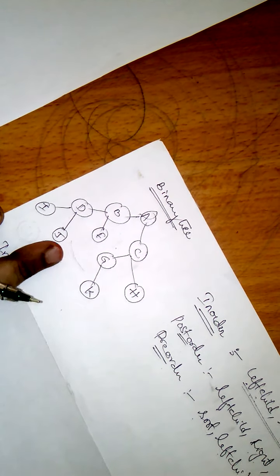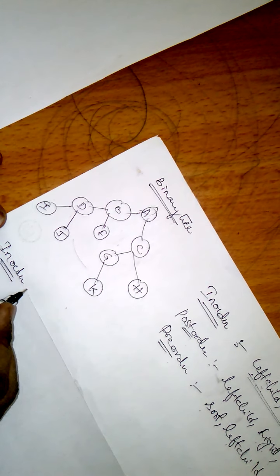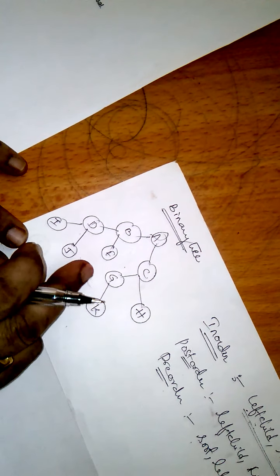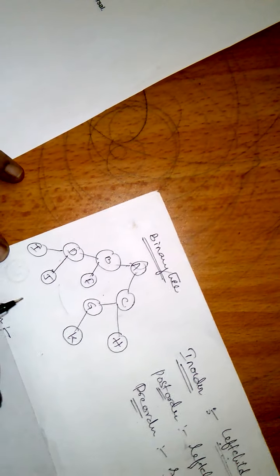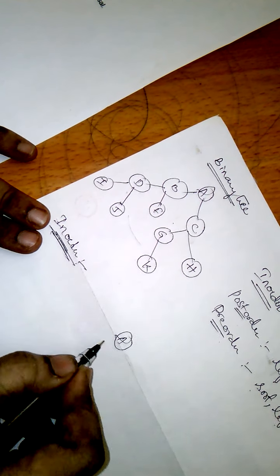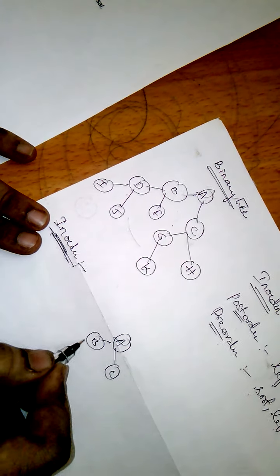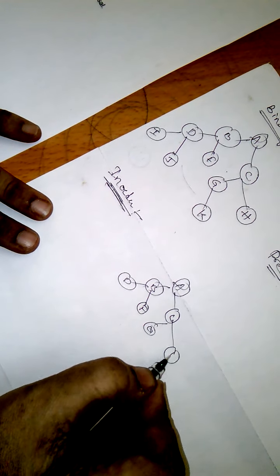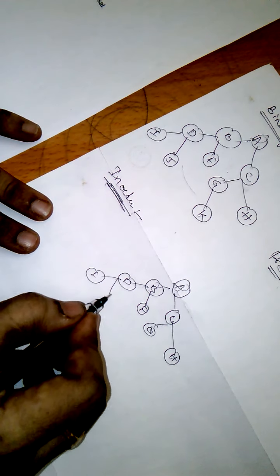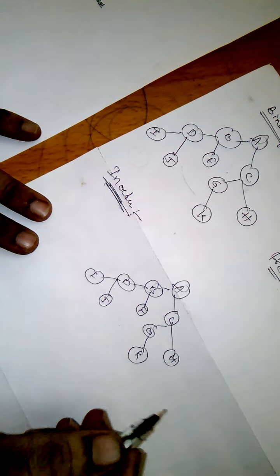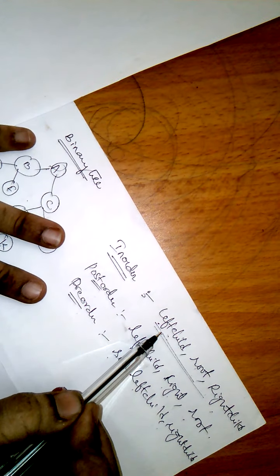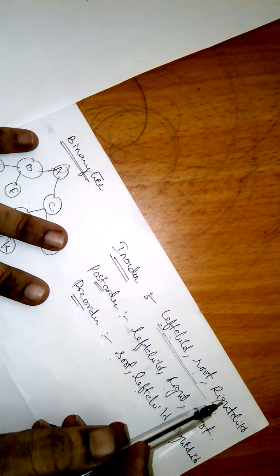The nodes are A, B, C, D, F, G, H, I, J and K. To visit the nodes using inorder traversal: first visit the left child, then the root, and then the right child.